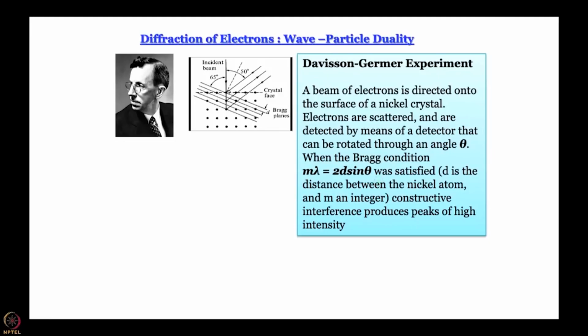This is what tells us that even electrons can actually give diffraction and therefore have wave-like nature.